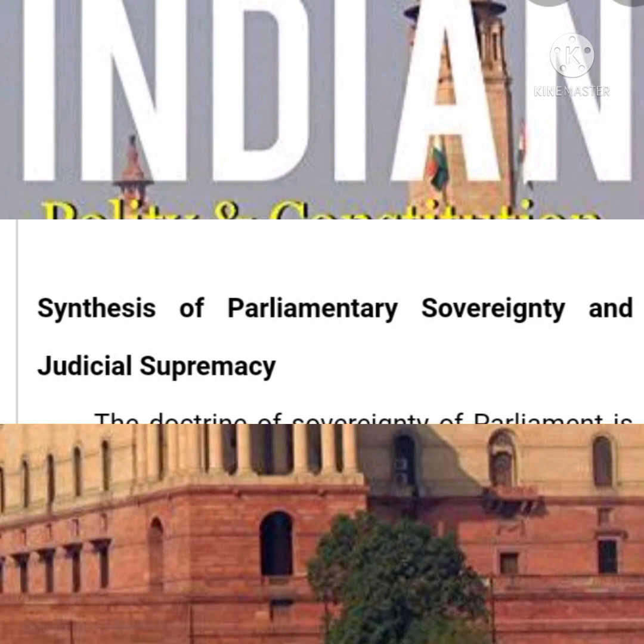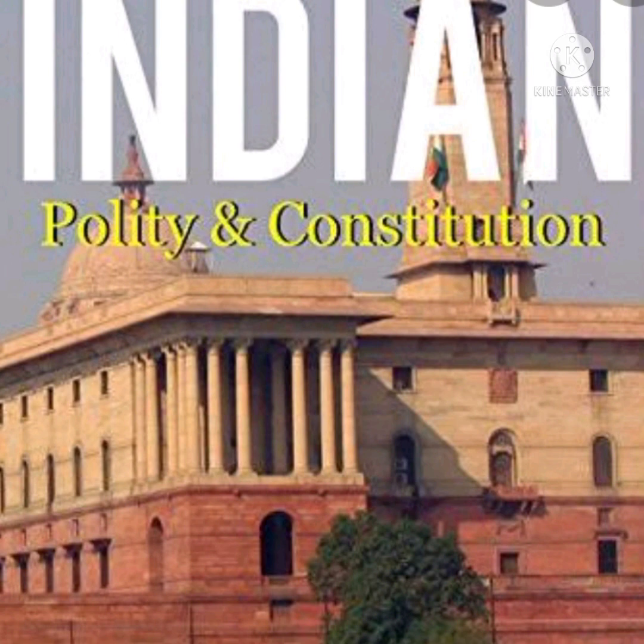I told you our judicial supremacy is narrower than the American Supreme Court. What is the reason behind this? I am telling you the reason. The American Constitution provides for due process of law, against the procedure established by law contained in the Indian Constitution.